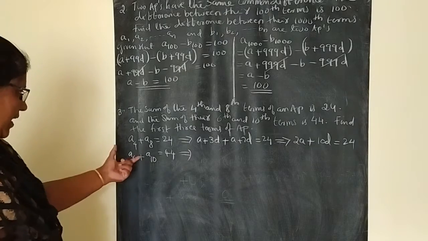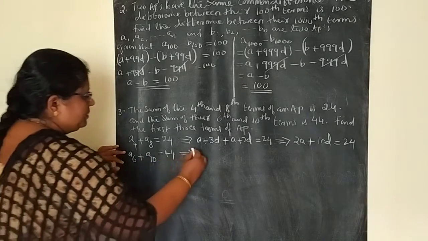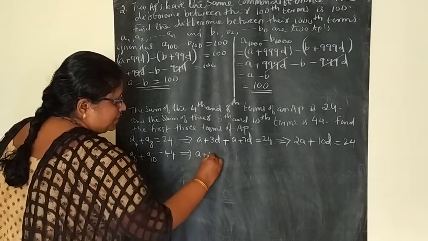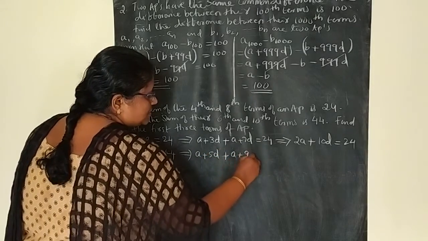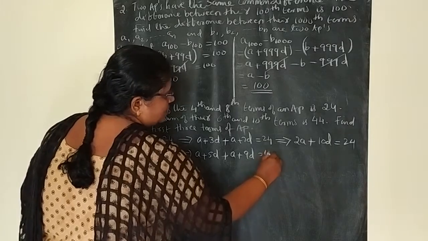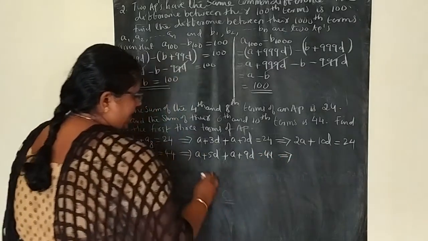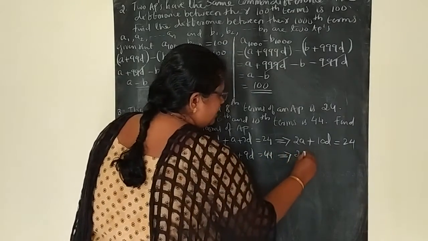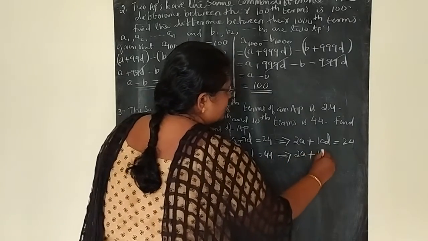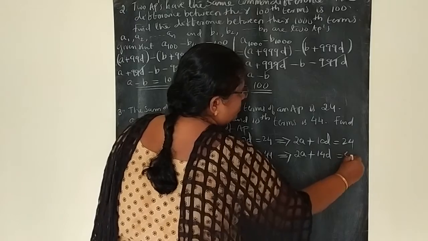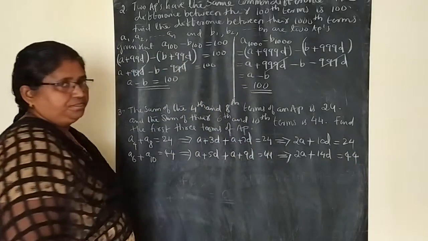Understood? Here we are applying the formula. What is meant by A6? A plus 5d. A10 means A plus 9d, which is equal to 44. It implies 2A plus 5d plus 9d, 14d, is equal to 44.